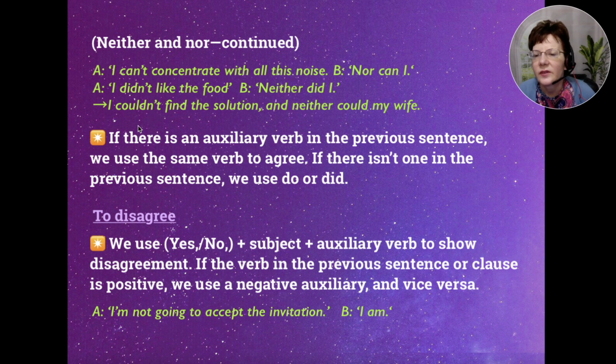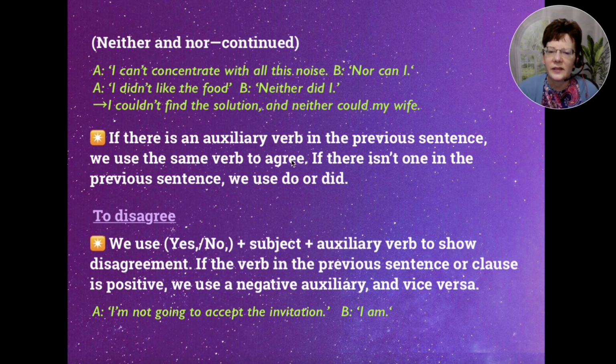And then we've got, I couldn't find the solution, and neither could my wife. So the same speaker is speaking about himself and his wife, that they both had the same experience.